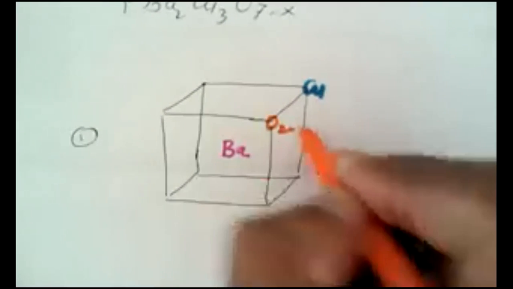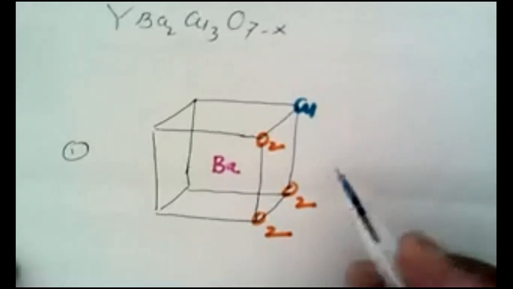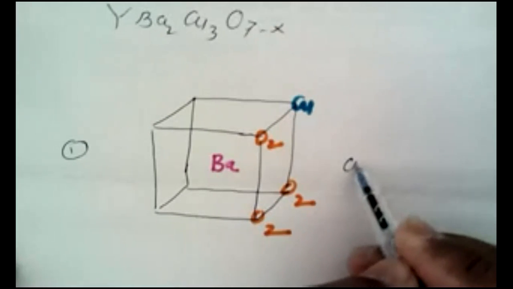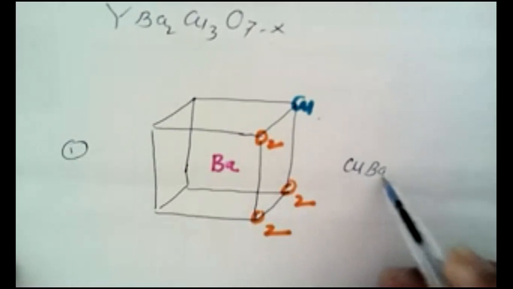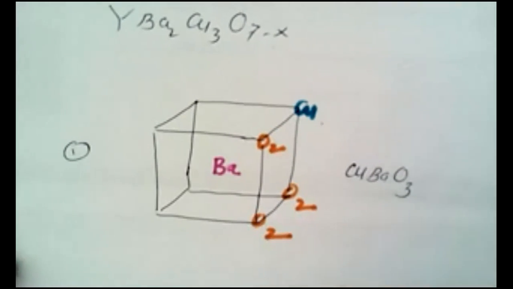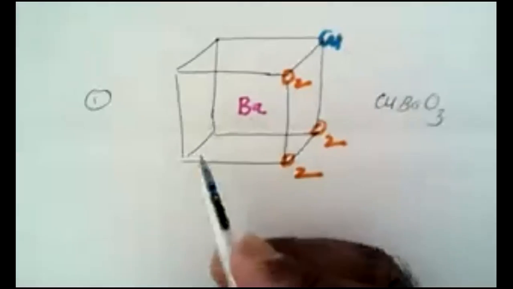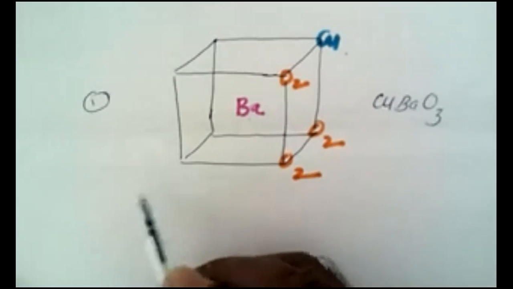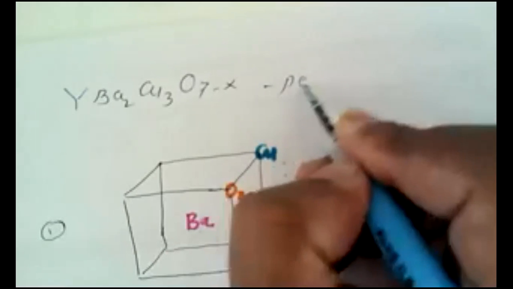This is the first oxygen atom, this is the second oxygen atom, and this is the third oxygen atom. So this is cube number 1, which contains copper here, barium at the center, and 3 oxygen atoms. So CuBaO3.